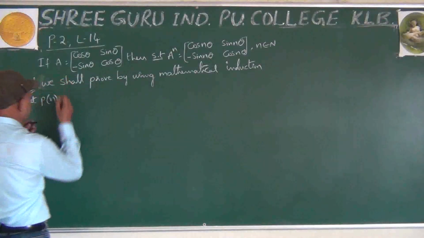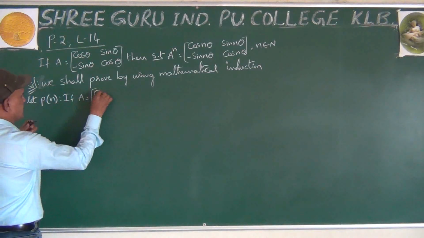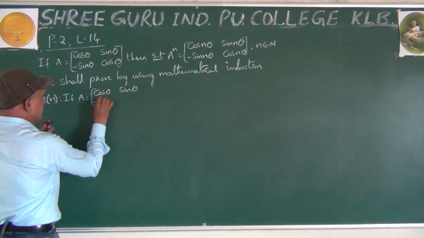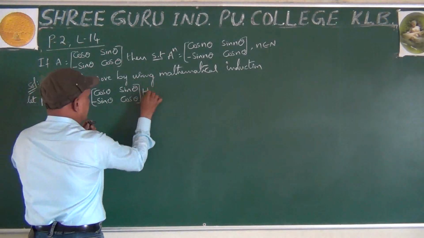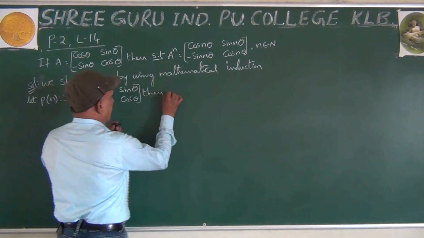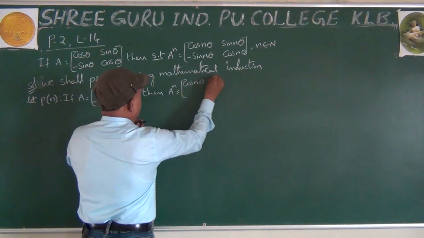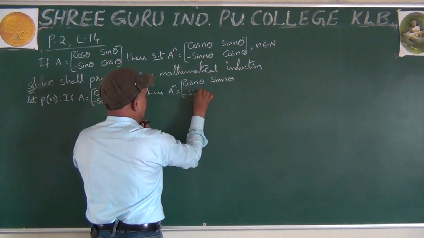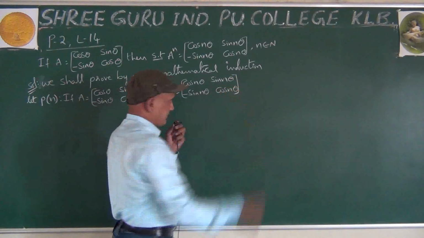Same method. If capital A equals cos theta sin theta minus sin theta cos theta, then show that A power n equals cos n theta sin n theta minus sin n theta cos n theta.